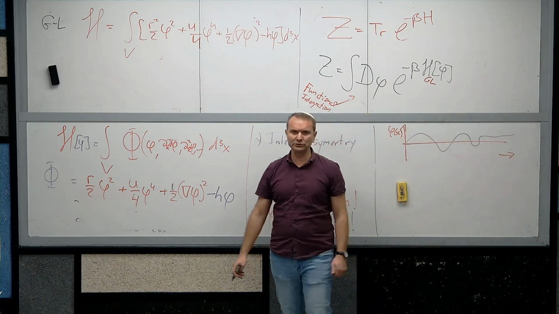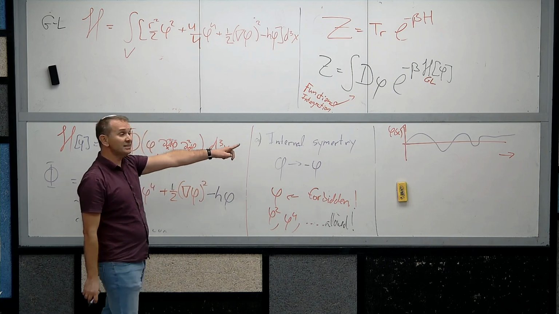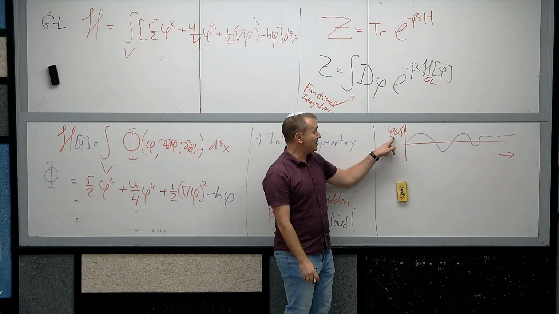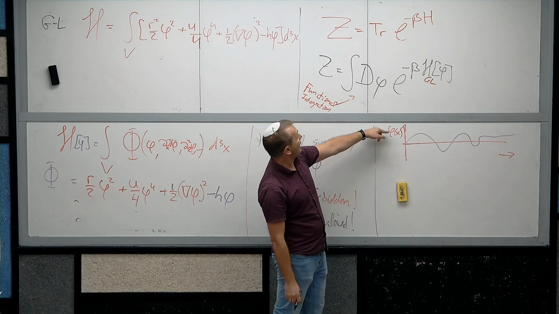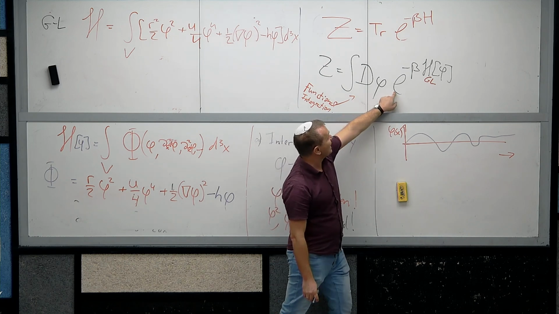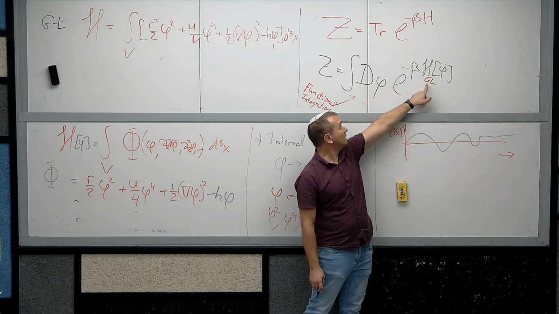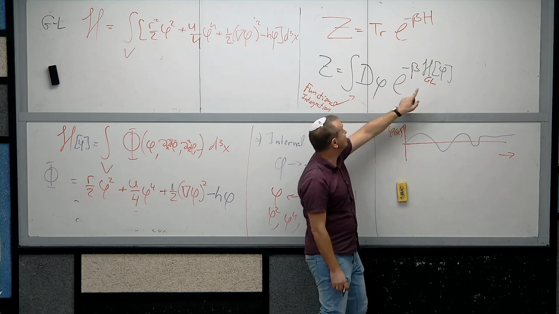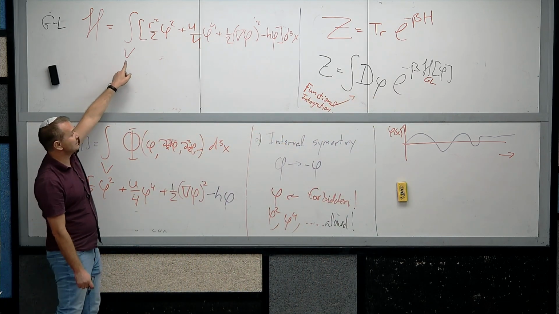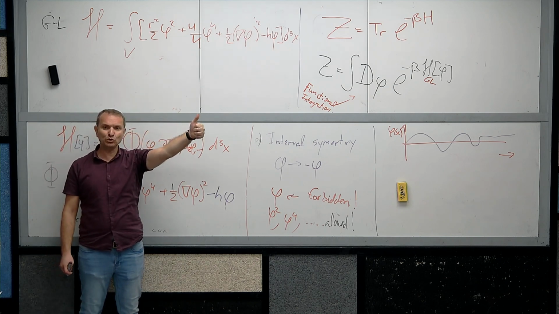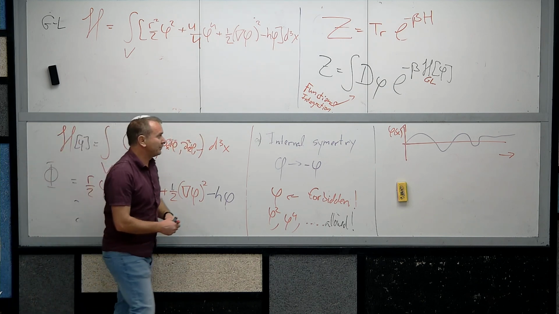Okay, this is your field. So if this is my field, I know exactly what my field is. I plug it inside my e to the power minus h of Ginzburg-Landau. For this given phi, I compute this integral, and I have a contribution for, let's call it phi 1.